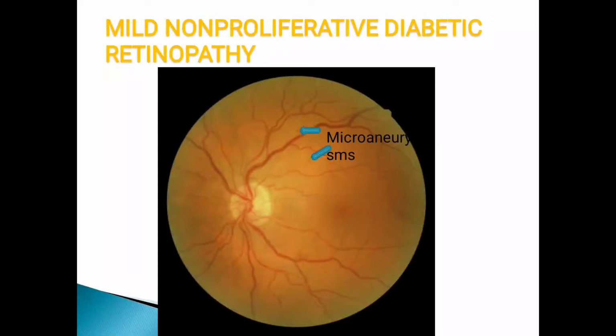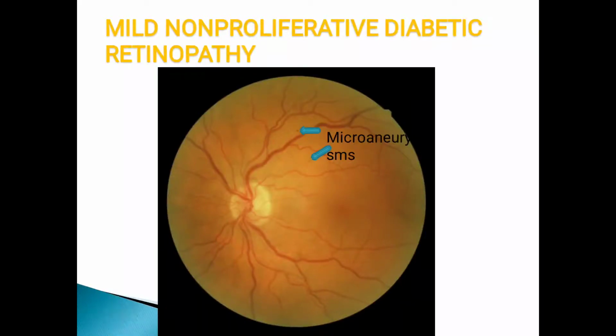You can see very small, tiny, comma-shaped red dots in the retina. This may be confused with dot and blot hemorrhages, but that is how a microaneurysm looks.